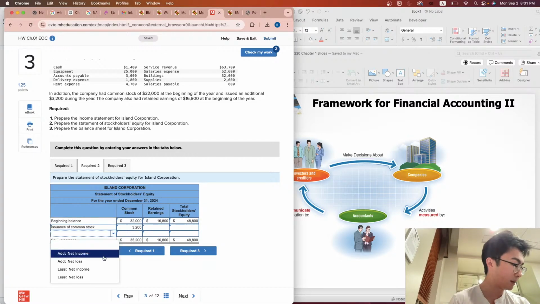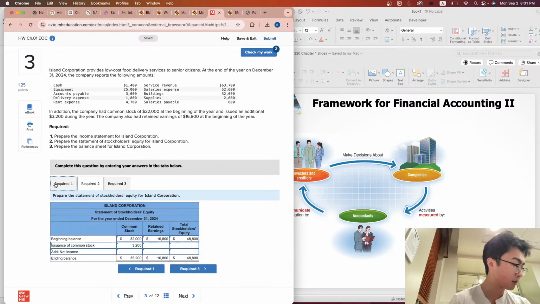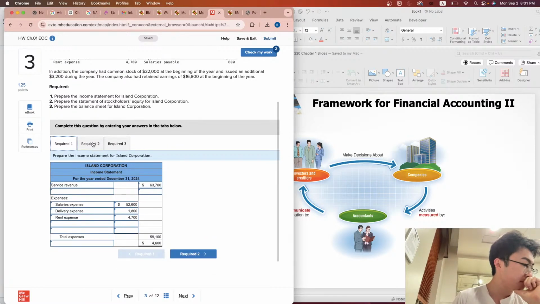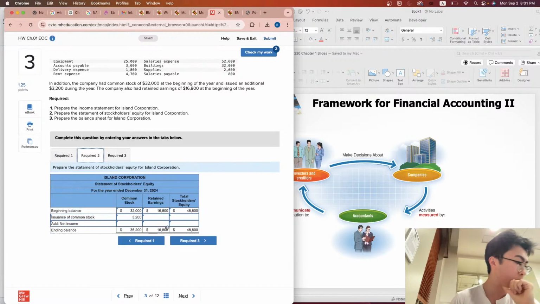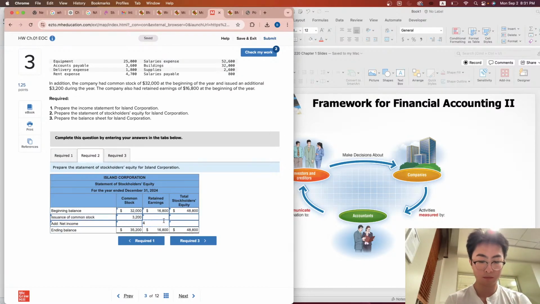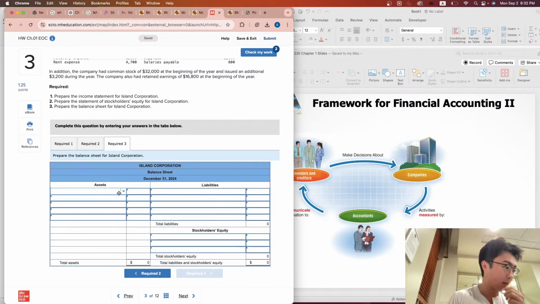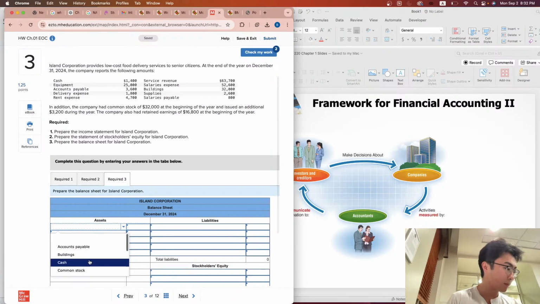I think they had a net income, right? So to their retained earnings, they didn't pay out any dividends. So net income 4,600. Okay, and then assets. So we have cash.